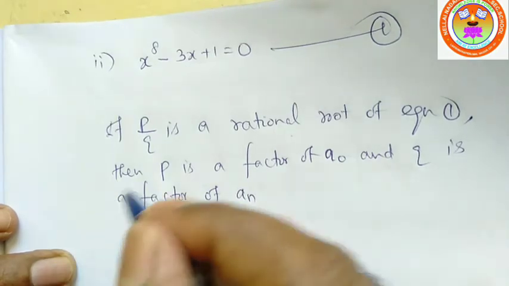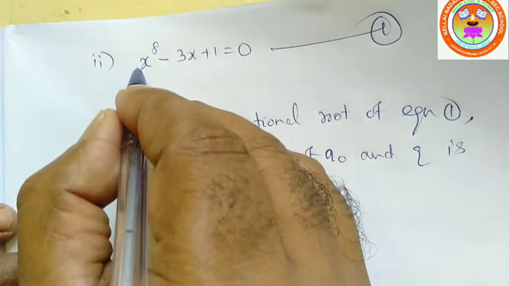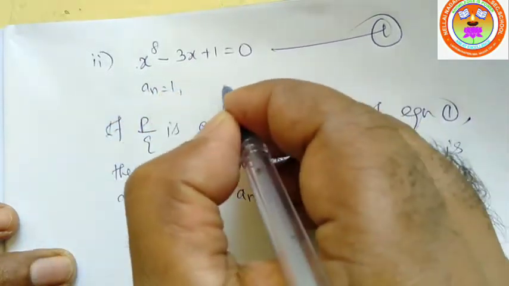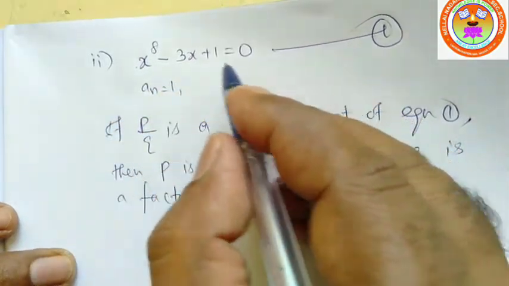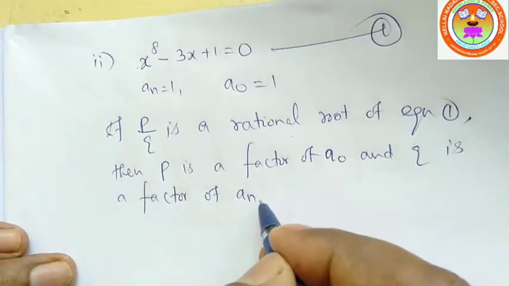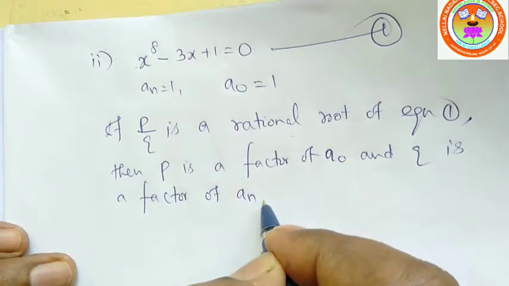In this question, what is AN? The coefficient of the highest degree is AN, so AN is equal to 1. Then A0, the constant term, is 1. This is the rational root theorem, right?